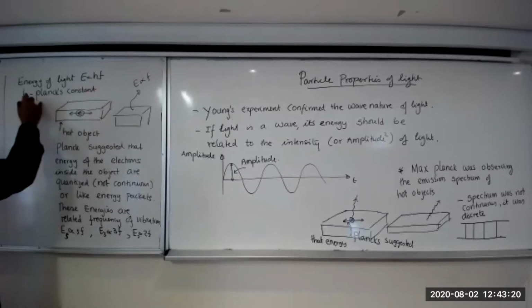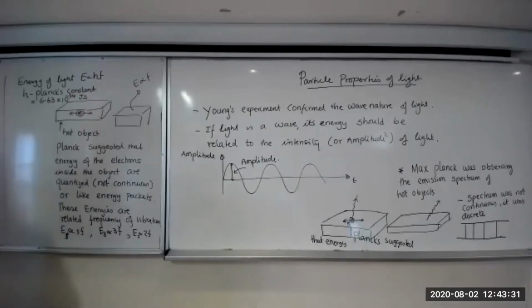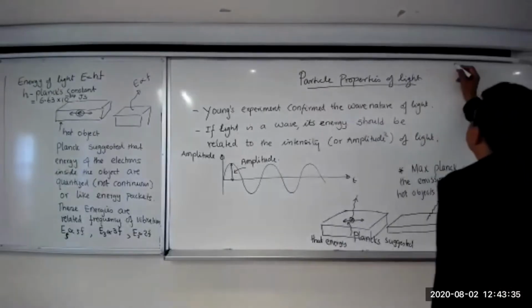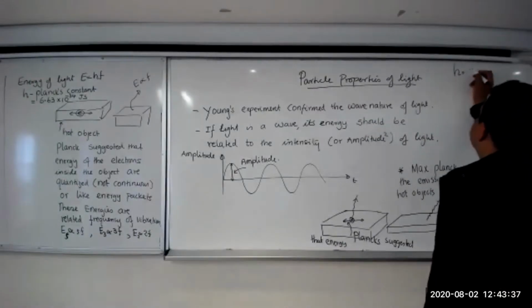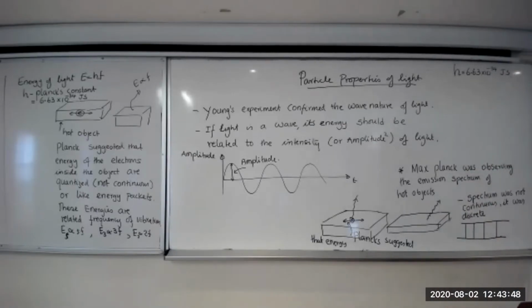That value is 6.63 times 10 to the power negative 34. It's joule seconds. You guys need to know that number all the time. Joule seconds, E equals hf. Now we have another unit.